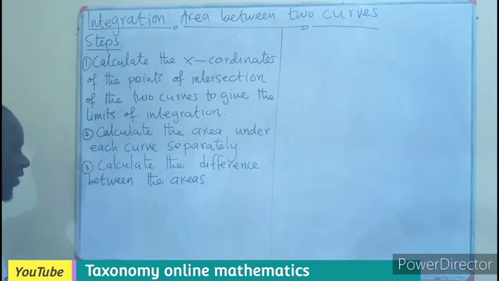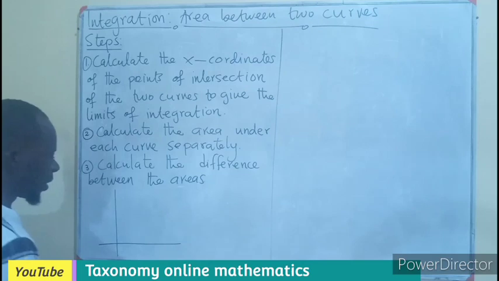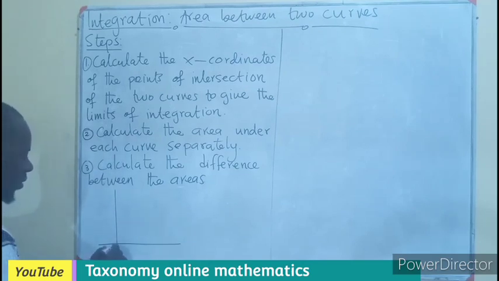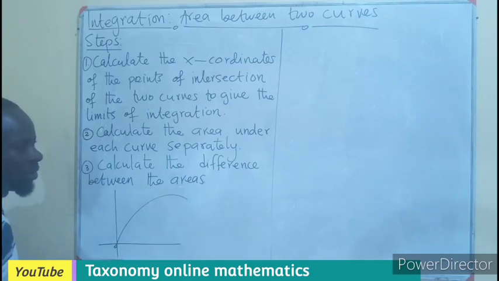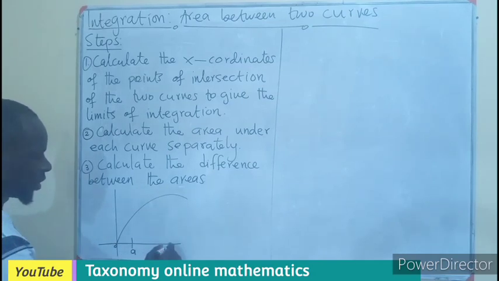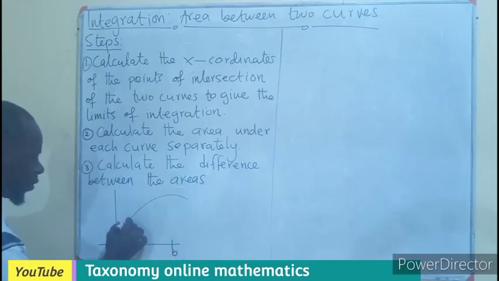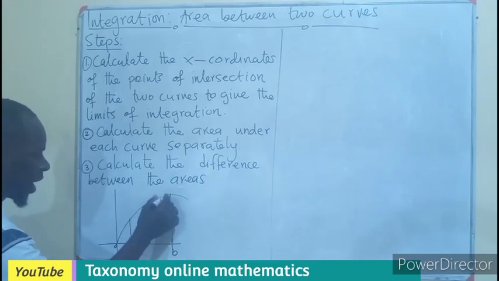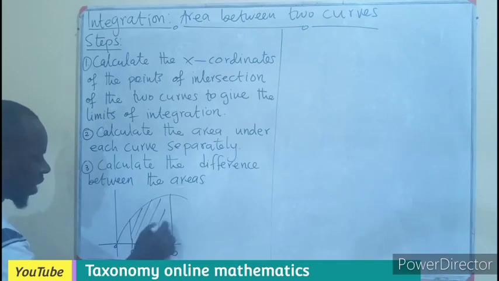So for example, let's say we have a question with a curve, something like this, and the limit of integration from A to B. So this is the area that we are asked to find.